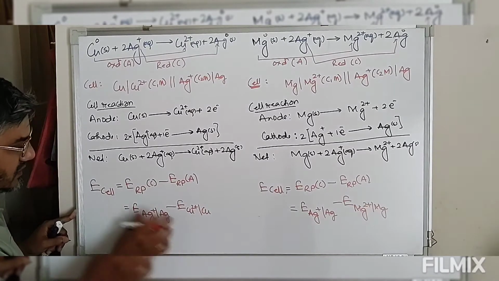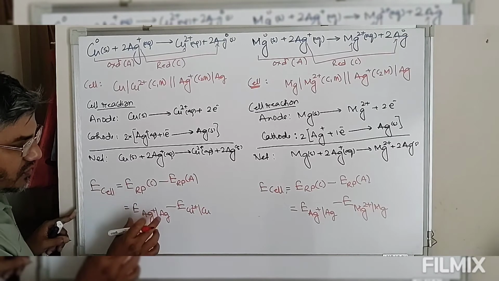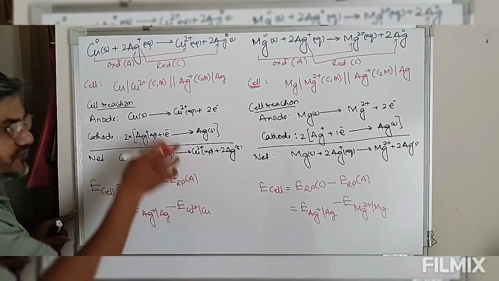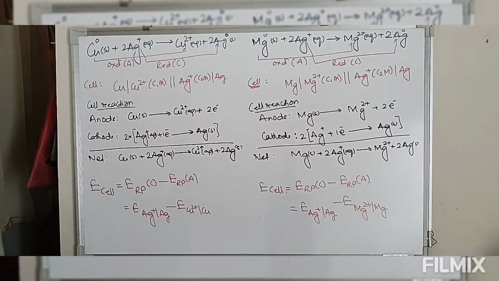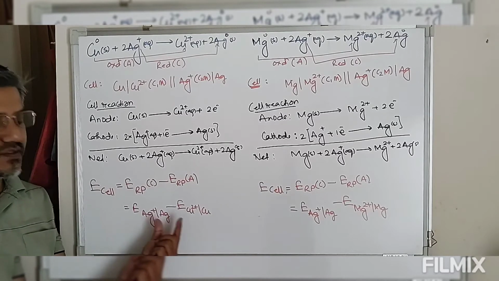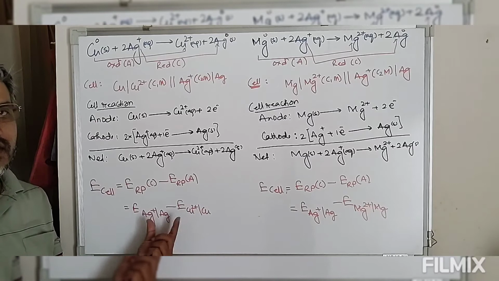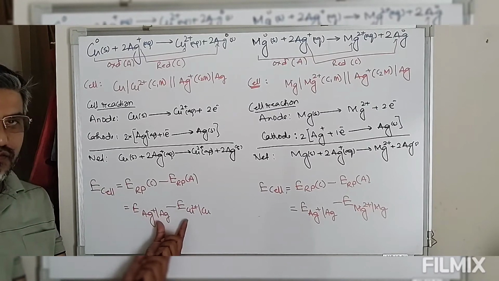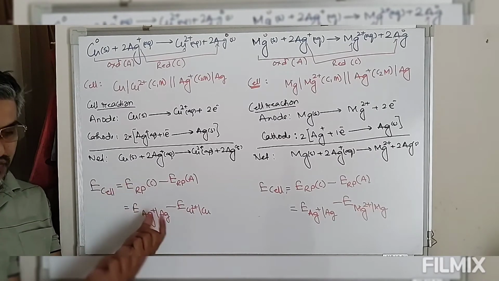So this is the cell potential. Next, after this representation of how to write the cell and how to write the individual cell reactions, the question is how to define this cell potential, that is, mathematically how we have to define the potential of a given electrode.